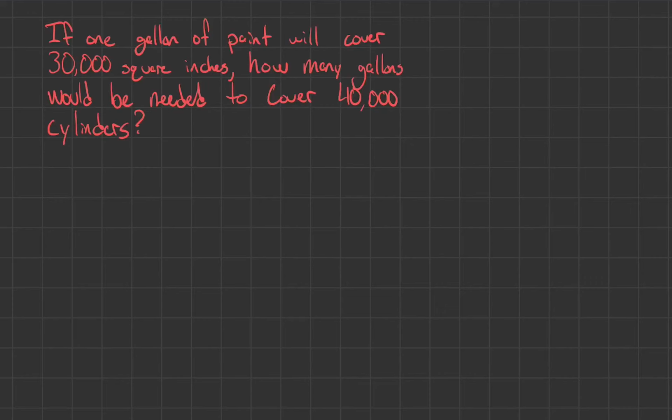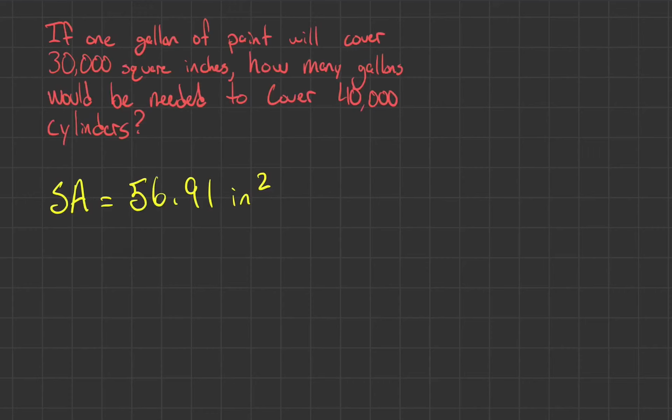Okay. So if you remember, the surface area that we calculated for these was equal to 56.91 inches squared. Okay. So if we have 40,000 cylinders, we need to multiply.